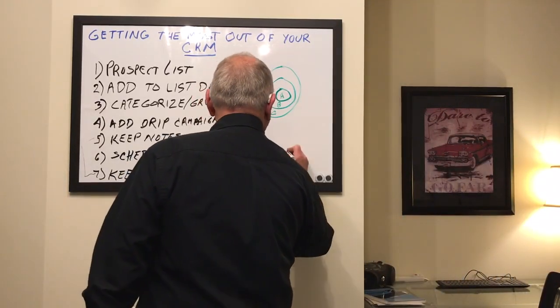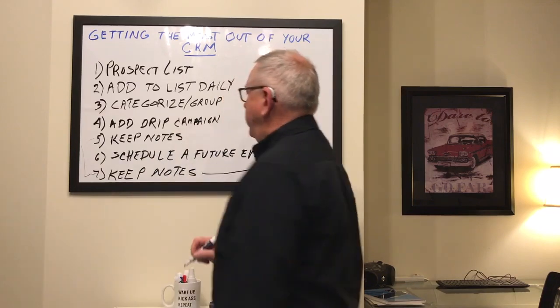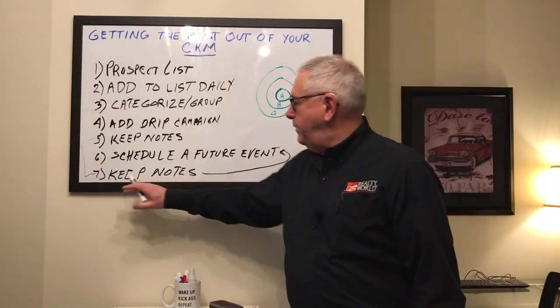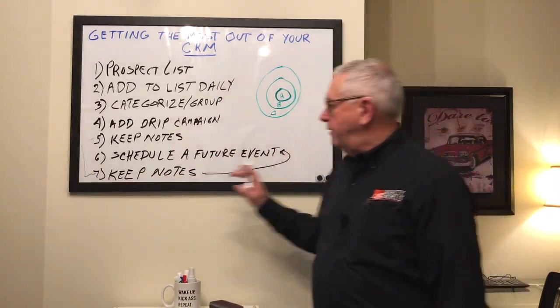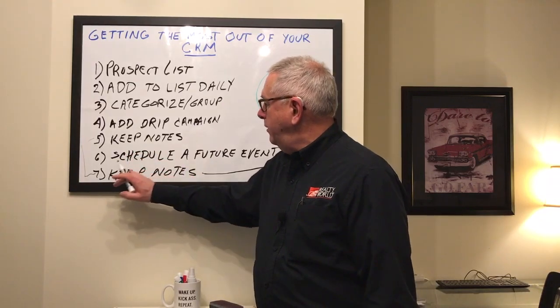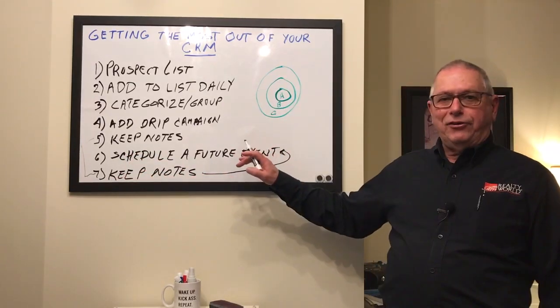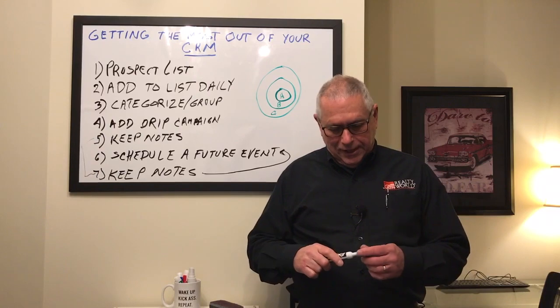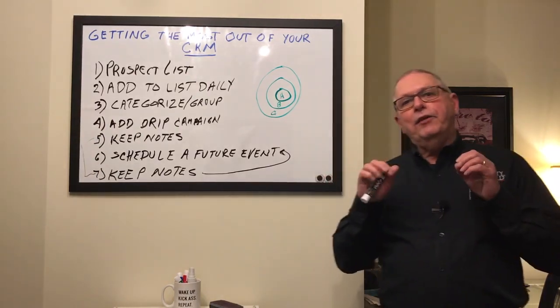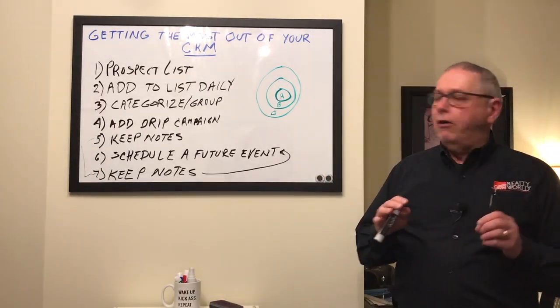So this just kind of loops around and keeps going. You keep notes, schedule a future event. When that event comes around, you keep notes of what happened, schedule a new future event. And that's how you make the most out of your CRM.